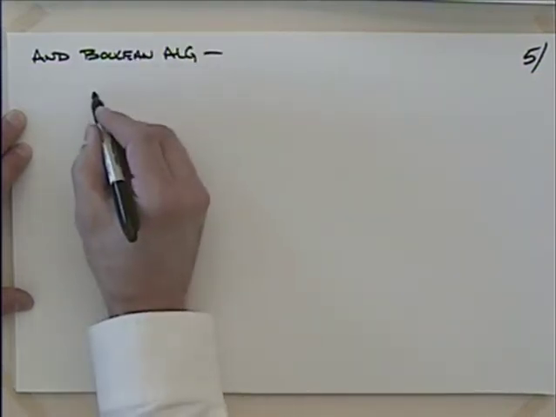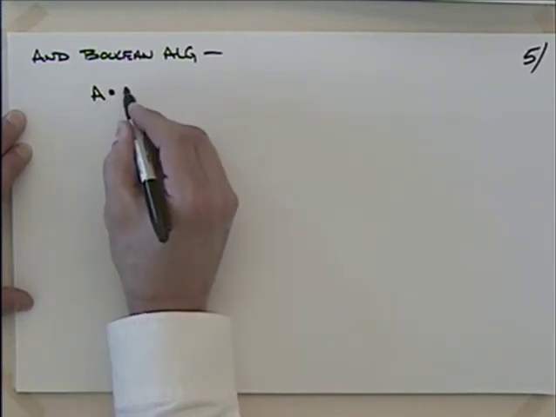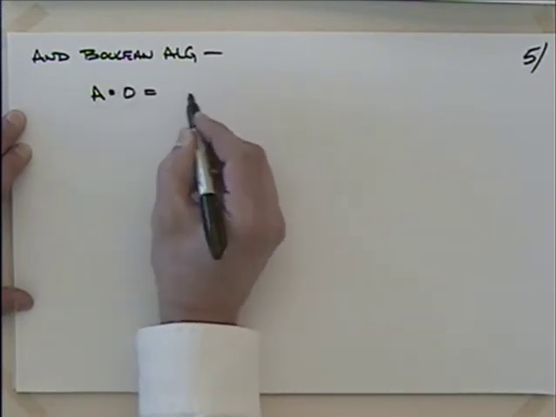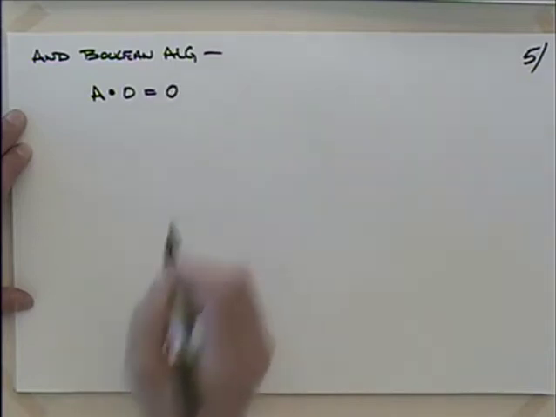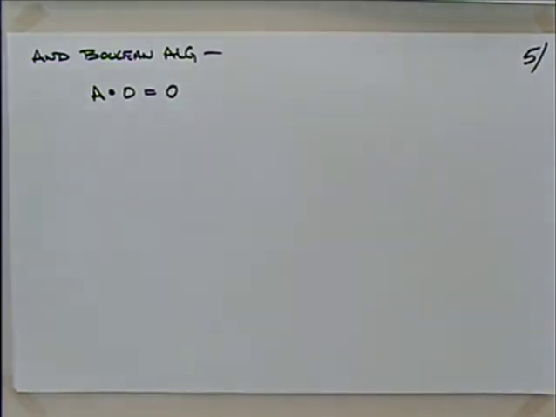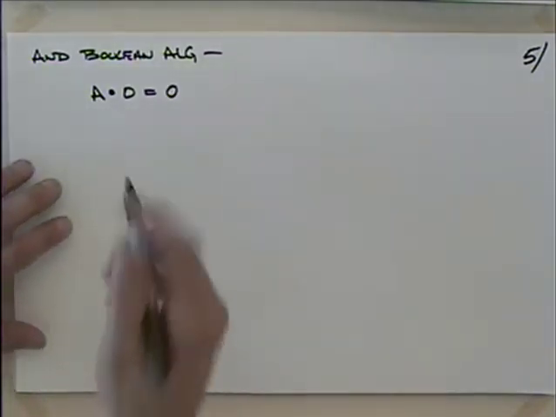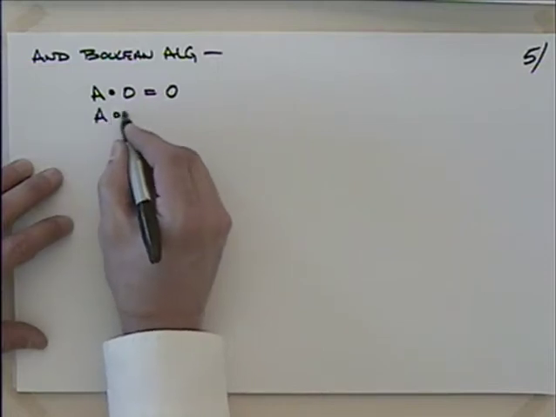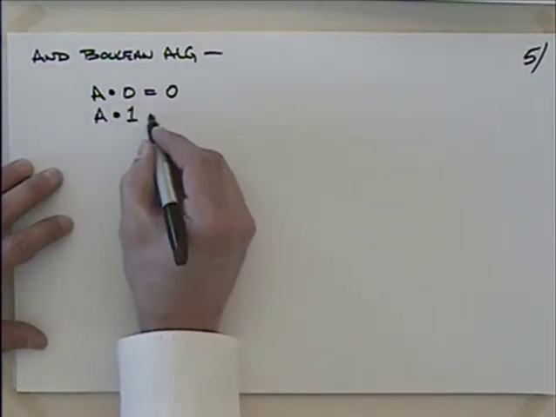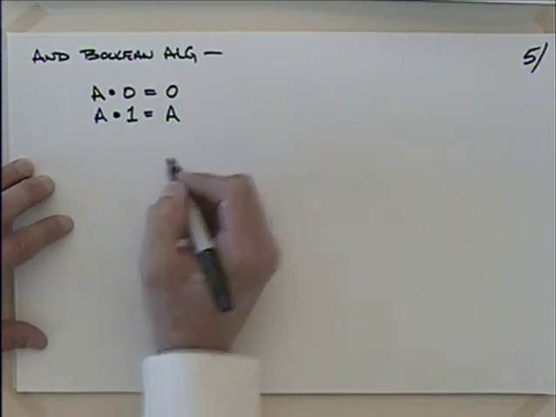So if I take A and I AND it with a 0, what are we going to get? 0. Yeah, no matter what A is, if the other switch is open, then nothing's going to turn on. If I take A and I AND it with a 1, what will I get? Whatever A is, right?